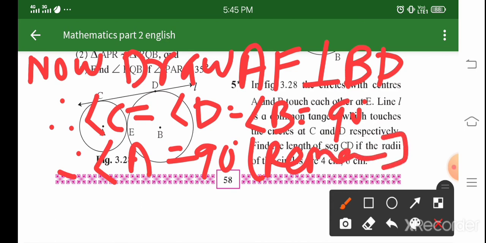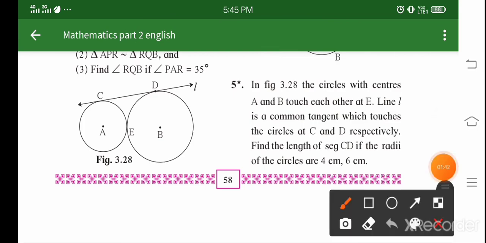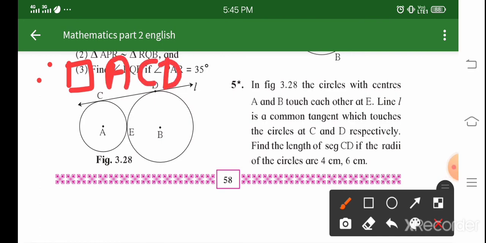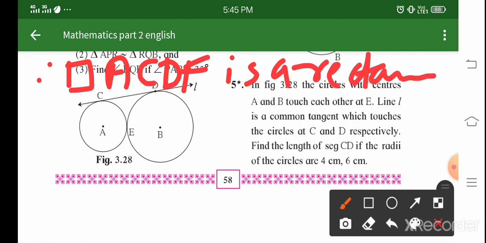So from this we can say that our quadrilateral ACDF, right? So therefore quadrilateral ACDF is a rectangle, right? तो rectangle में क्या होता है, opposite sides are congruent.